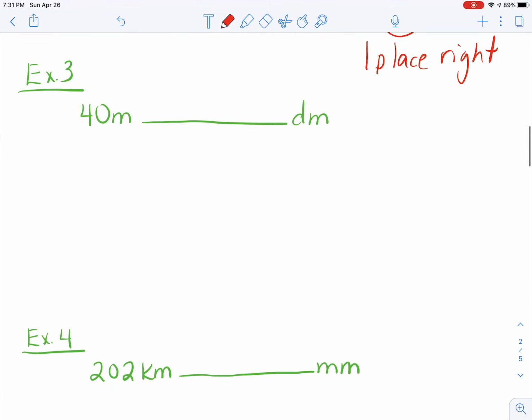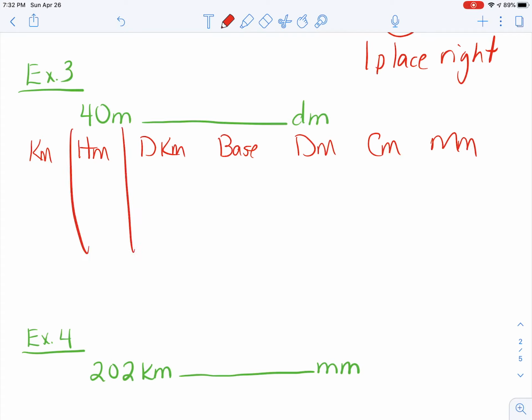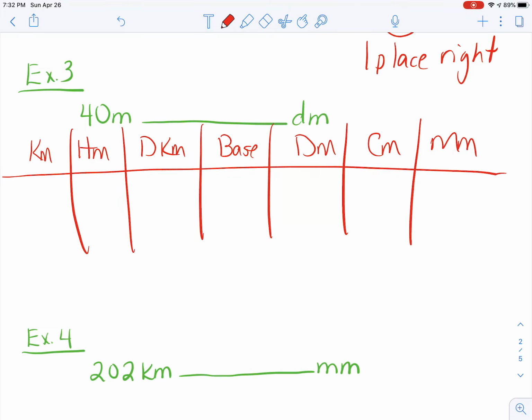Example 3. Once again, I'm going to set up my chart. I'm still dealing in meters. King Henry died by drinking chocolate milk. Kilometer, hectometer, decameter. These are my base. Decimeter, centimeter, millimeter. Quickly make me up a little chart. I'm going from meters to decimeters.